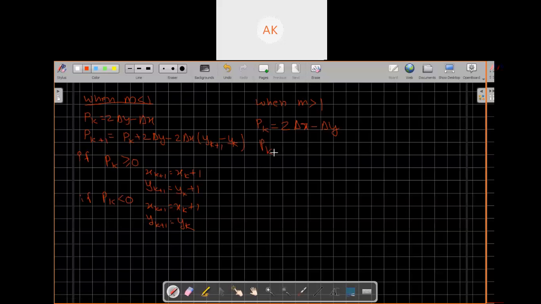And the next descent parameter, pk plus 1, will be your pk, the initial descent parameter, plus 2 delta x minus 2 delta y times xk plus 1 minus xk. When m is greater than 1, we have just derived this initial descent parameter and next descent parameter.